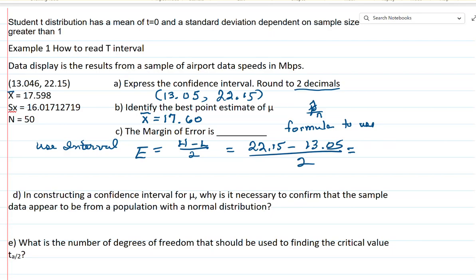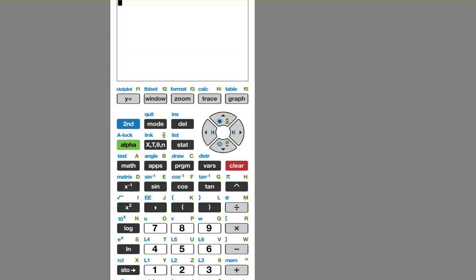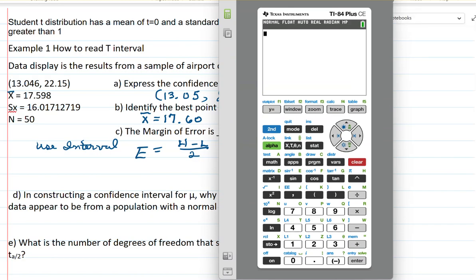we're going to get, let's see what my calculator says. I'm not going to make a mistake over simple math. We're going to do the 22.15 minus the 13.05. And I get 9.1.